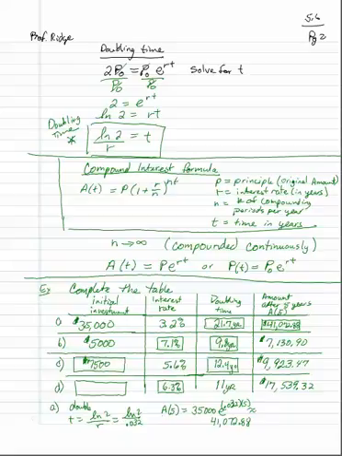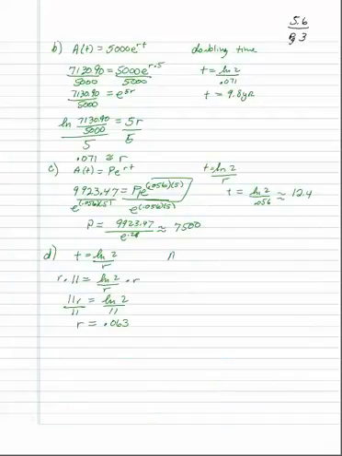And then we can find out our initial investment. A of t equals P e to the rt. We know after 5 years we got 17,539.32. P we don't know. e to the r, 0.063, and t is 5.